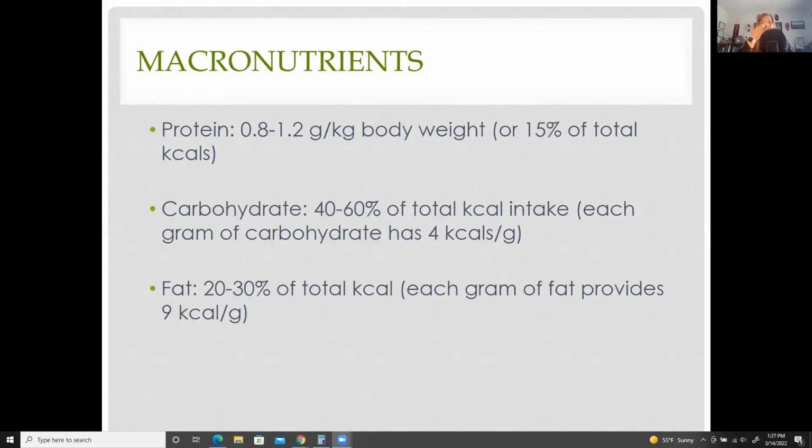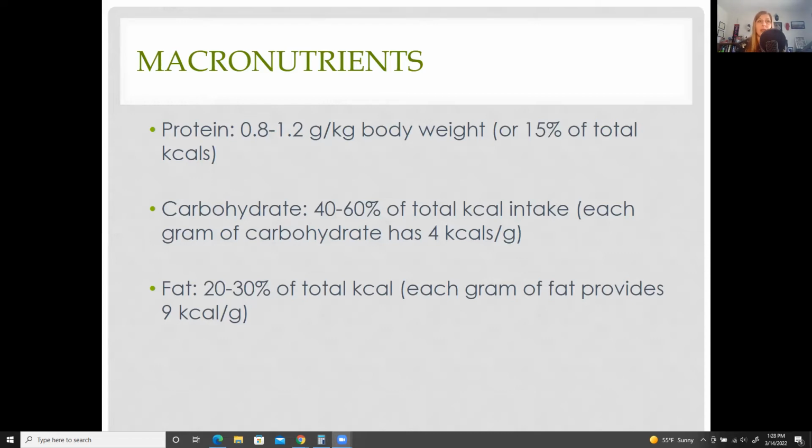That said, there are some general guidelines in terms of the breakdown that can be helpful. The breakdown I like to use, and I'll pull up another screen here for you, is that I like carbohydrates to be between 40 to 60%. Whether it is closer to 40 or closer to 60 depends, a lot of times for me personally, on the activity level of the person I'm calculating for.